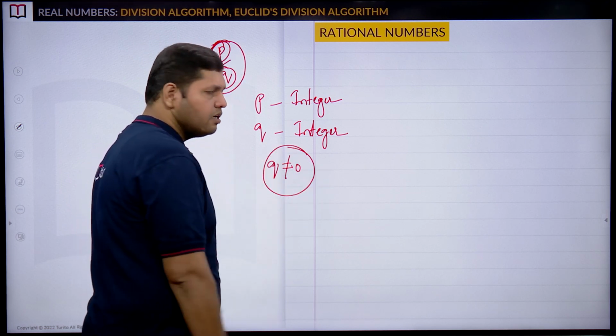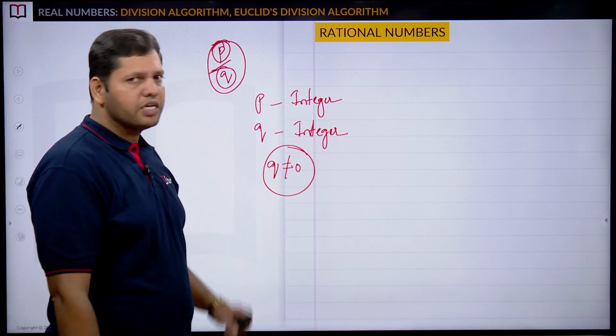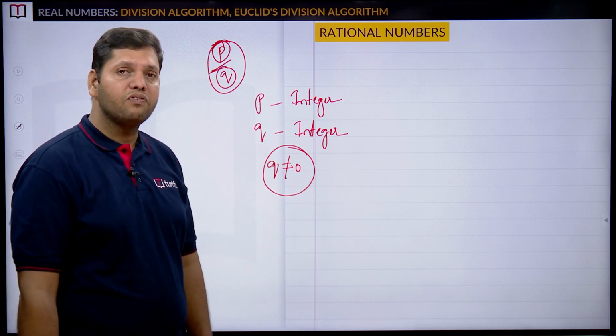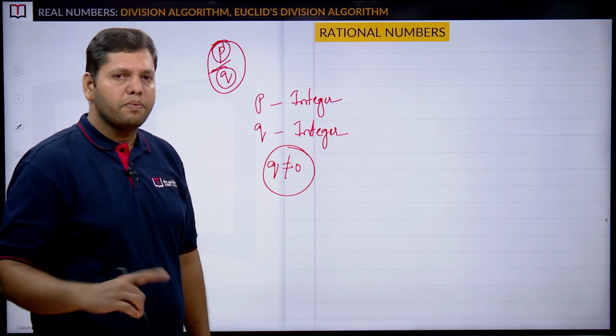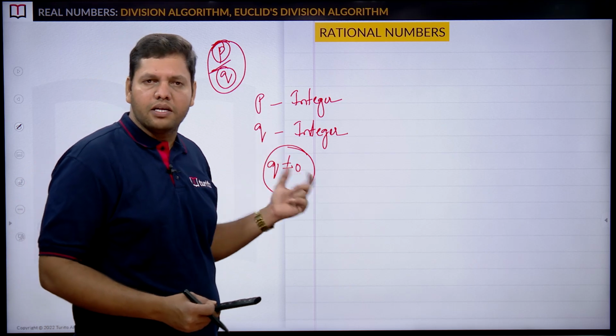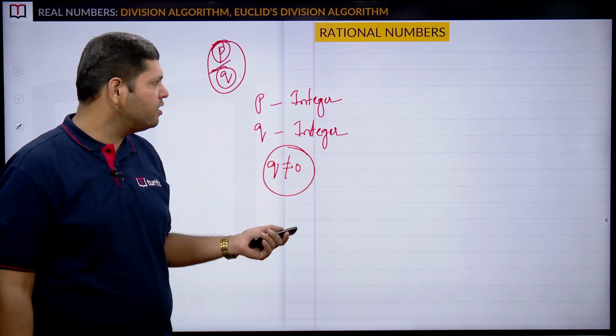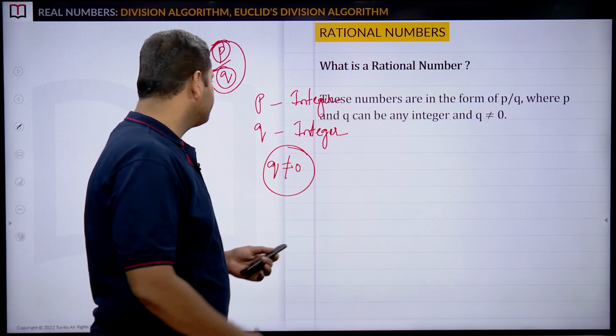Q is not equal to 0. Why? Because if I take Q equal to 0, I get an undefined form. So we take both as integers, that's fine, but the denominator should not be equal to 0. Clear, children?